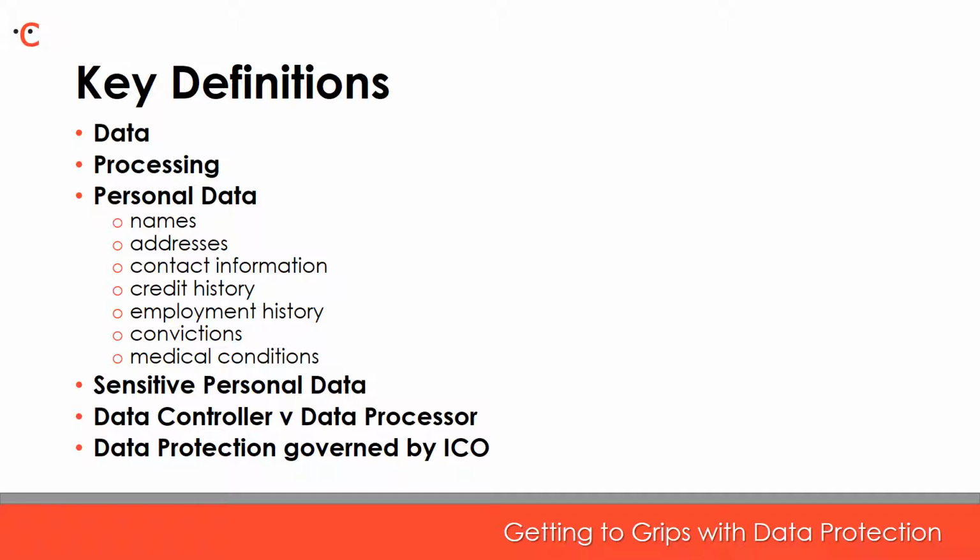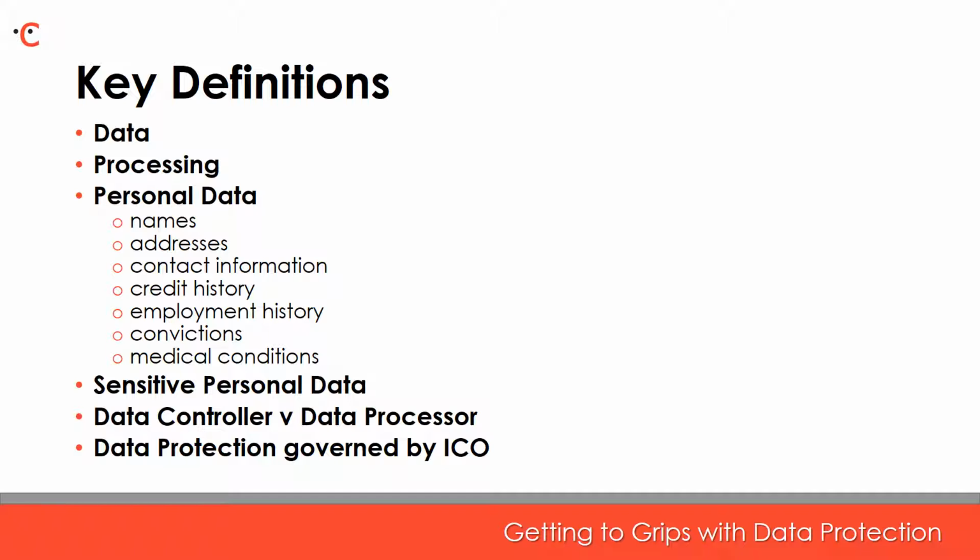Now on this slide we set out a number of examples, so names, addresses, contact information. The courts have suggested that personal data should have an individual as its focus and be of biographical significance. This means that minutes of a meeting, which simply have the name Mike Hibberd in there because he attended, will probably not be personal data. However, an email about Esma Kilic, with Esma Kilic being named in that email and the email talking about her, will be personal information.